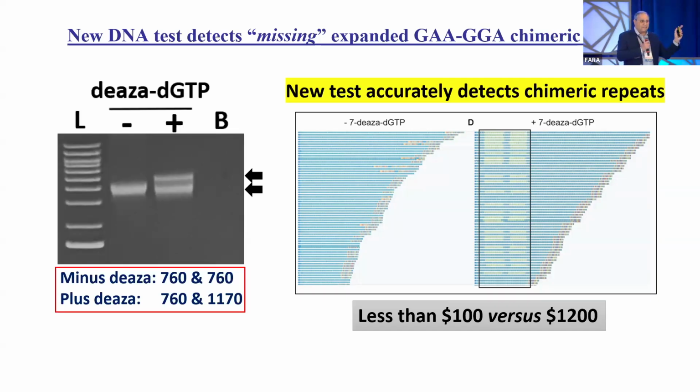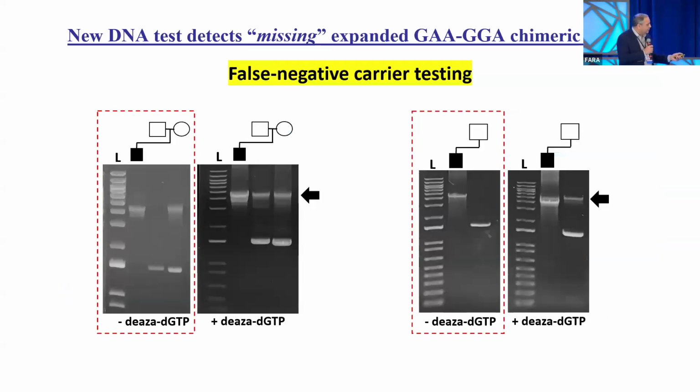But the same concept of missing a chimeric allele has a very different impact when you're talking about carriers. Because in a carrier, if you are missing a band, so for example, look at this family here. This is a child who has a single band. Mom is a carrier because she has this expanded band here and a normal band down here. Dad actually doesn't look like a carrier at all.